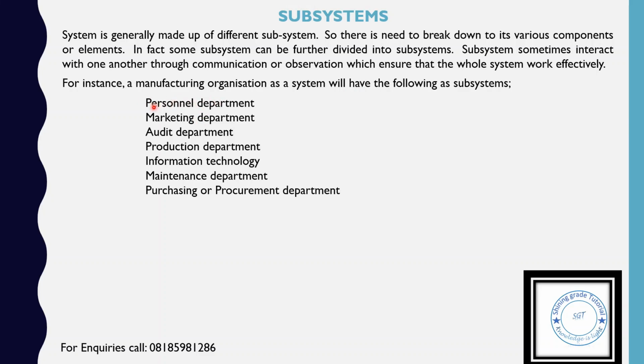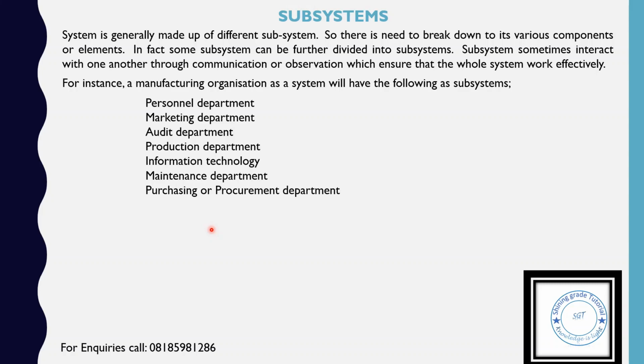Personnel departments train and make personnel available for the use of the marketing department and every other department too. So there is some kind of interaction between them, and the major aim is just to ensure that the system functions well and properly. They tend to work in achieving the aims of the system.